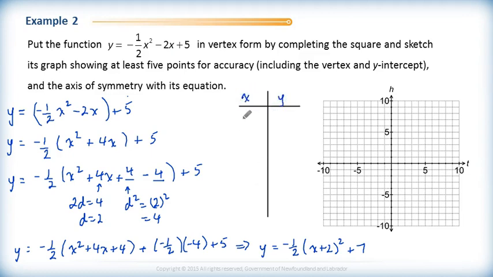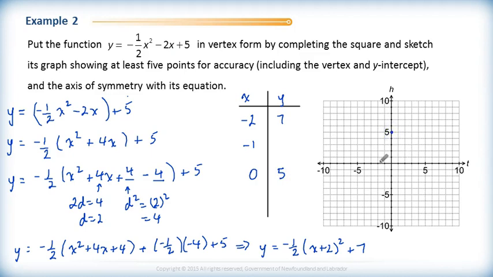Starting with my vertex, that's the easiest one to start with, negative 2 and 7. I'll also use negative 1 and 0. Now the 0, when I put 0 in for my x value, it's easier to put it in this form. That way I can see that my y-intercept is going to be 5. So I got a y-intercept of 5.